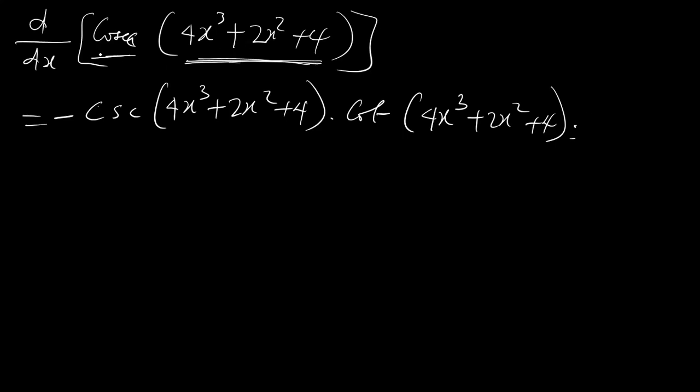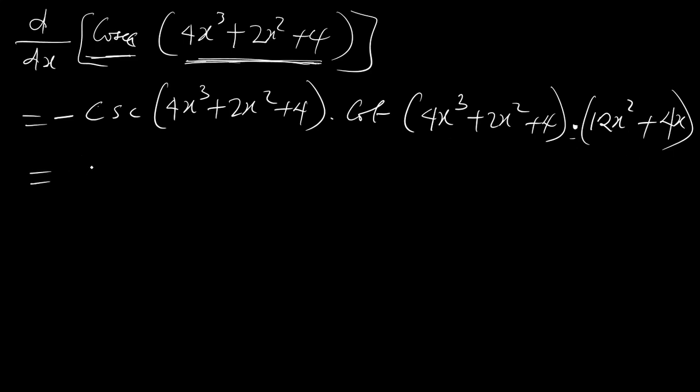So now we differentiate this cosec with respect to this function, you have this. Then differentiating this function with respect to x, you have 12x squared plus 4x.